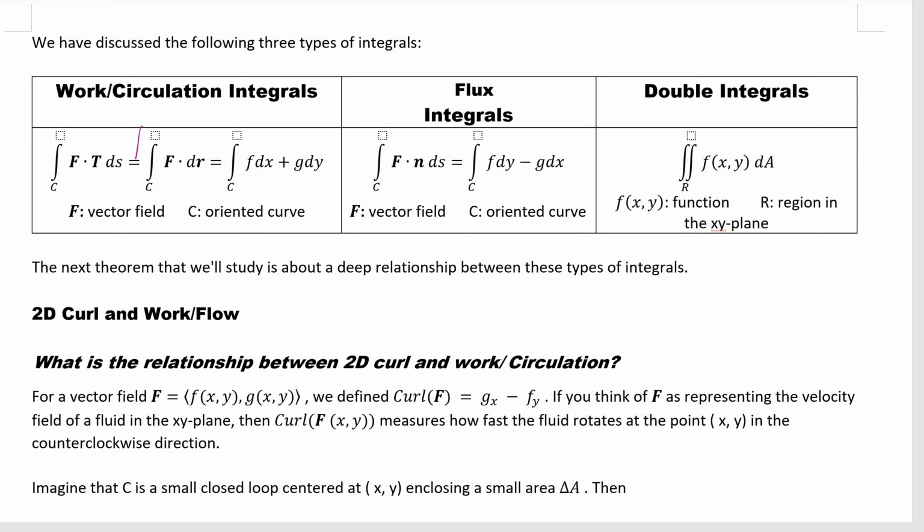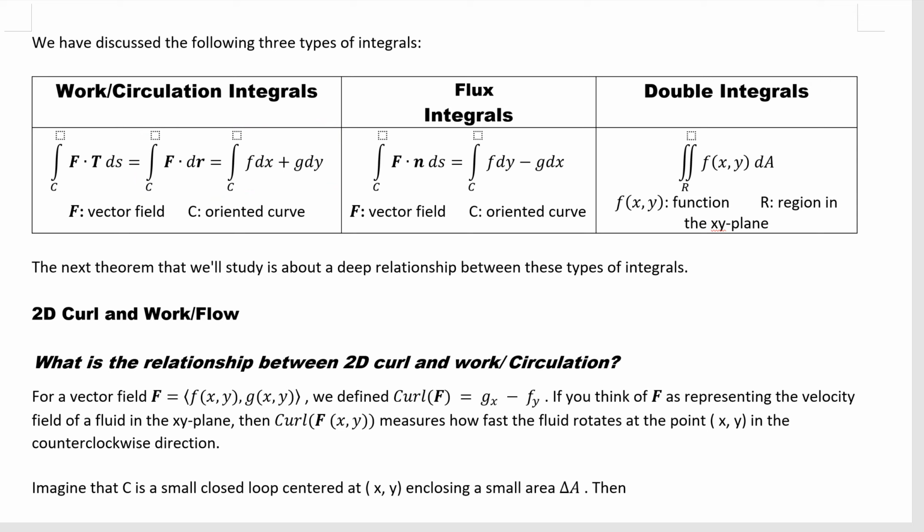Or we usually use this formula, F dot the derivative of the displacement. So this gives us the work or circulation integrals. If F is a force, then we have work done, and if F is a fluid flow, then we have circulation. So far, so good, everybody.